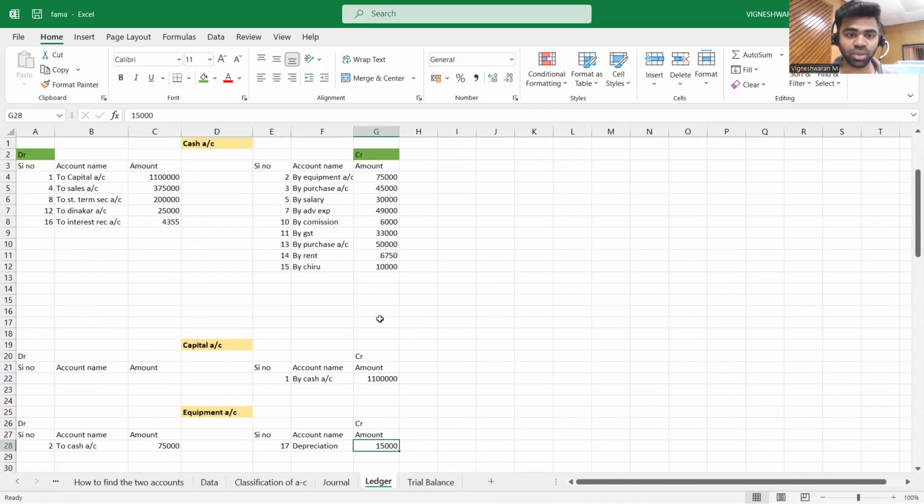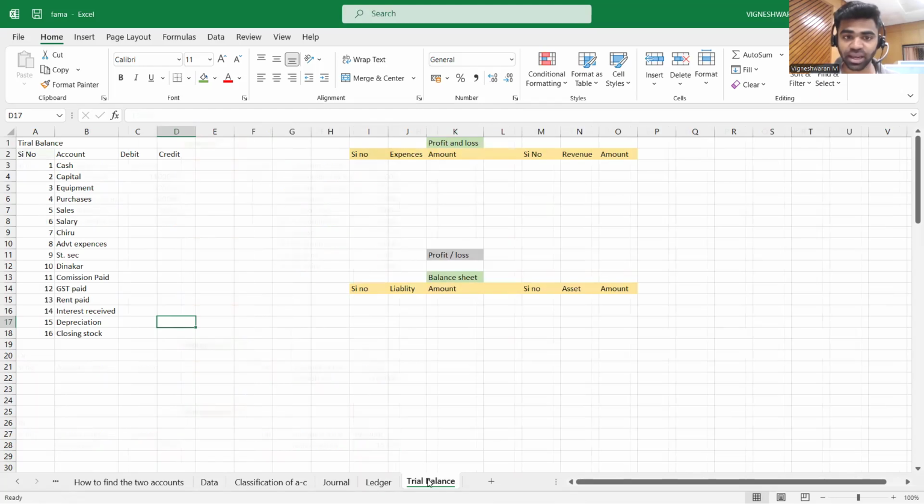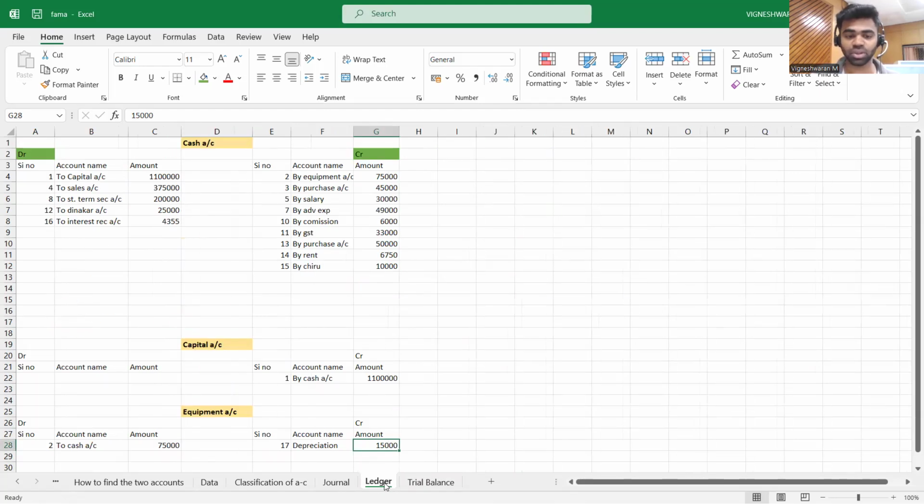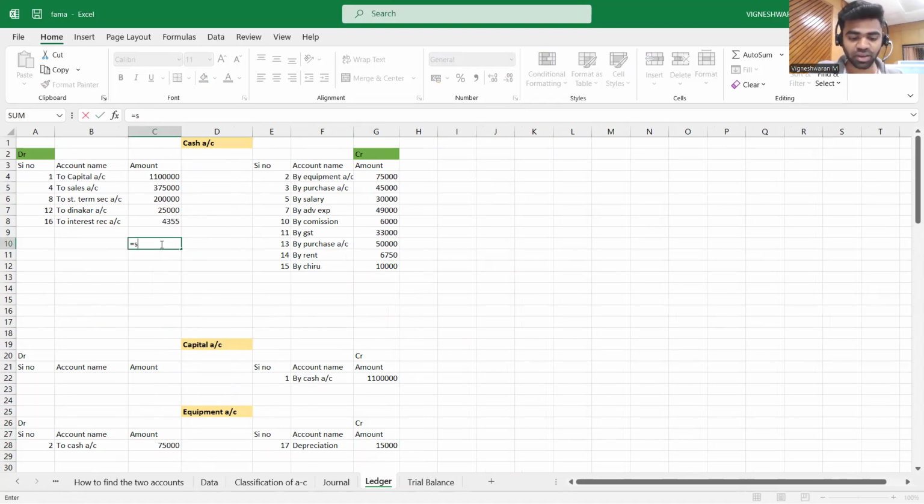Now what we have to do is add all the values, for making the trial balance. We are coming to the last part. It is very simple. So we have to add all the values.